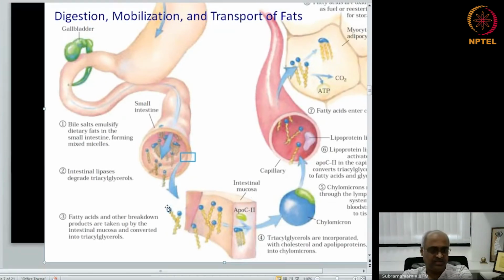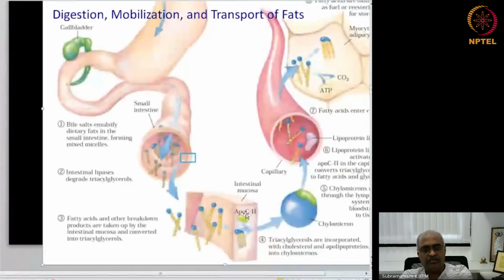So this is the carboxylic acid and the hydrophobic chain shown here, the blue and yellow. These fatty acids are then taken up by the intestinal mucosa cells, where the microvillus structure is not shown here, but it is present. This is the surface of the intestinal mucosa, and there they are again converted back to triacylglycerol. These triacylglycerols combine with a set of proteins called apolipoproteins, here shown ApoC2.